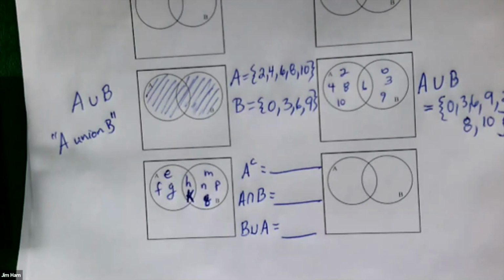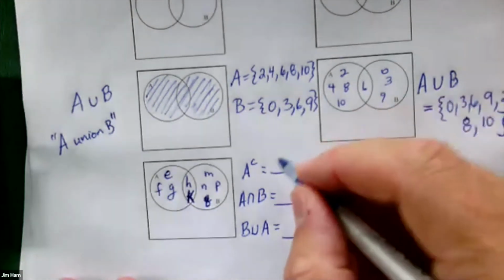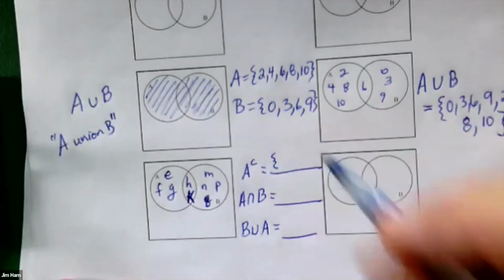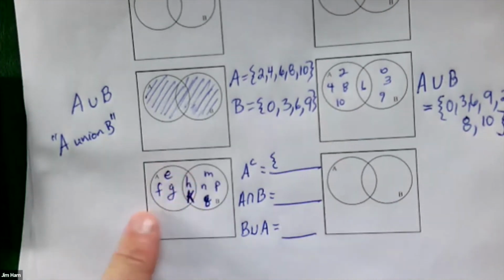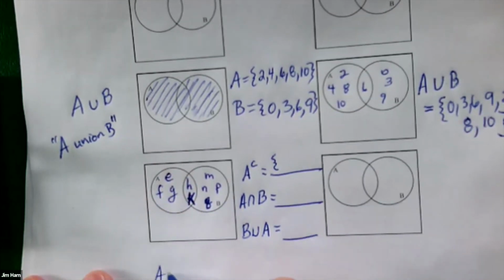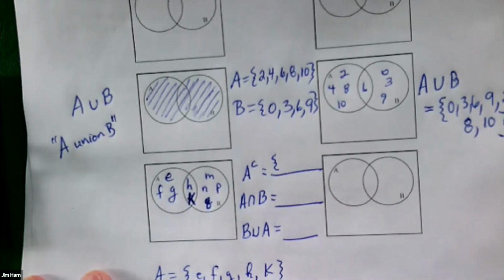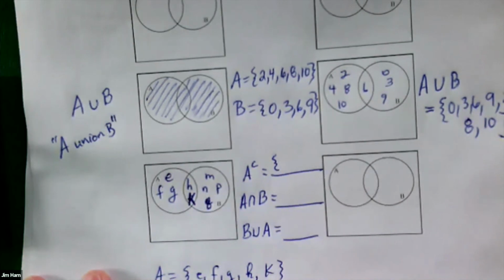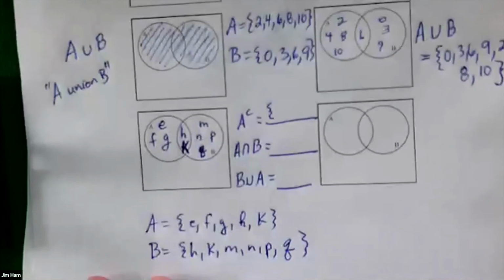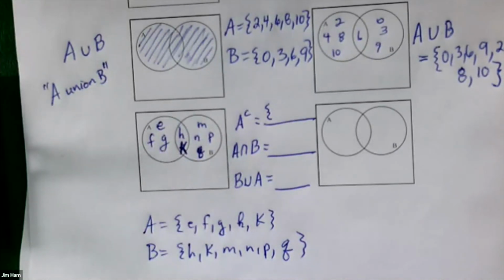Okay, so I'm seeing a lot of good answers. I'll just write them down here and then you can check. Here's the set A. If you would prefer to write down the elements of A, it would look like this. And B would be H, K, and M, and P, and Q. So you could write the elements of the set if you wanted to.